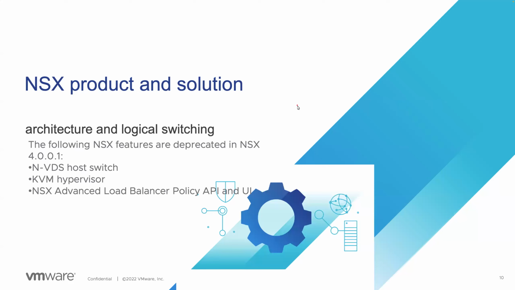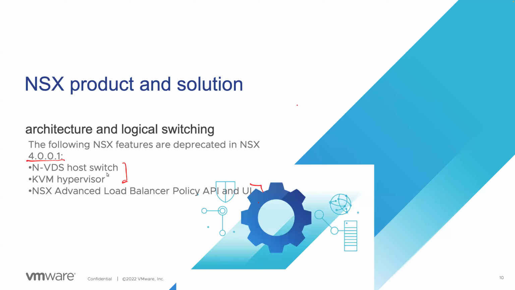Before we start, I just want to mention that our series of lessons only covers NSX 4.0, which is the latest version. So there are some differences shown here as compared to the previous versions, 3.0, 3.1, 3.2. The first one is NVDS.